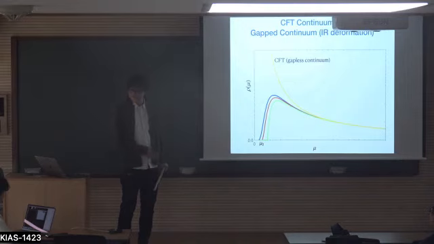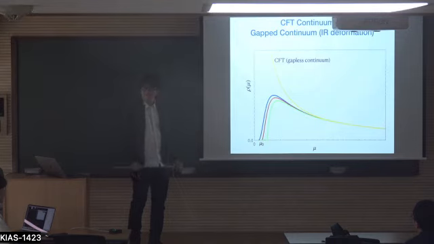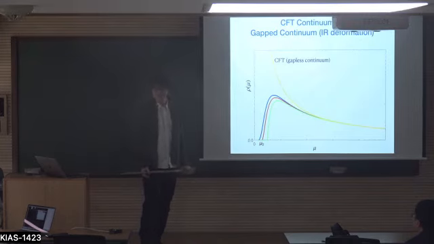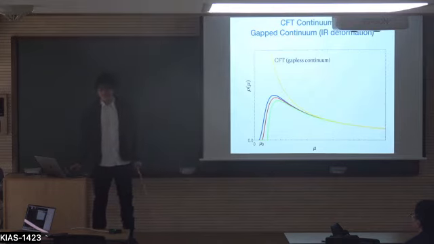There will be particles. Unless you write down a CFT, there wouldn't be any mass gap. Yeah, I understand. As soon as you break CFT, there's no continuum usually. Okay, I think that answers your question, right?